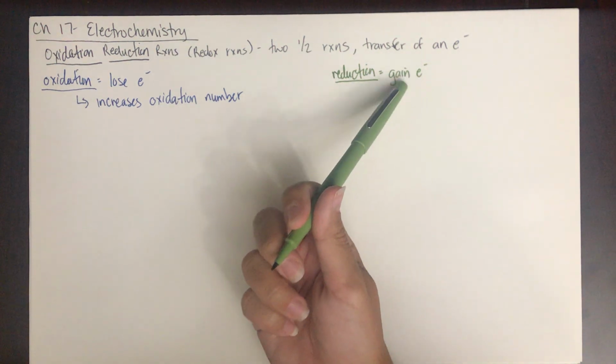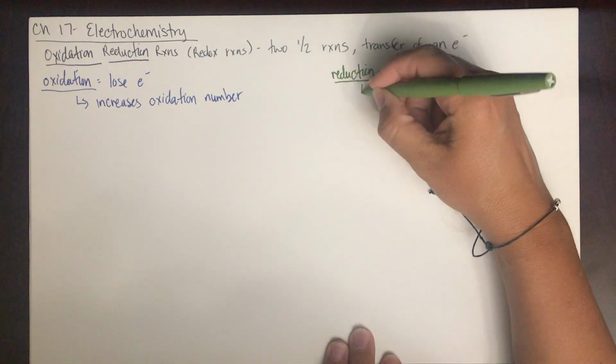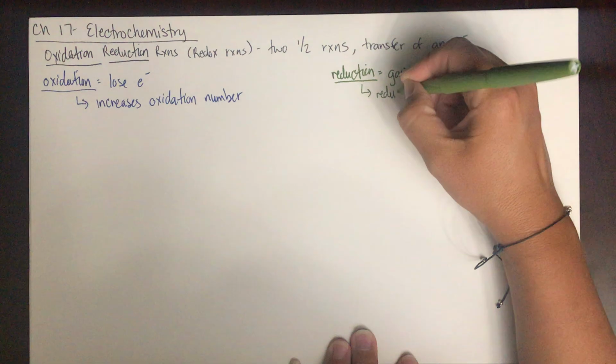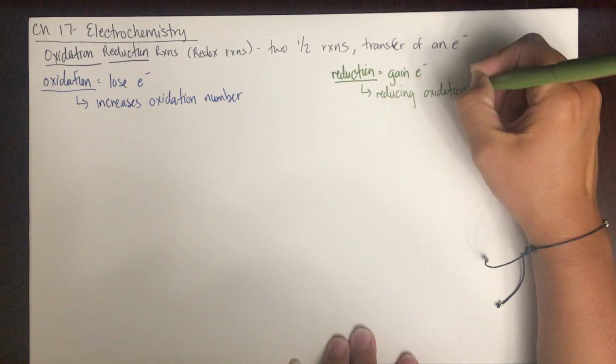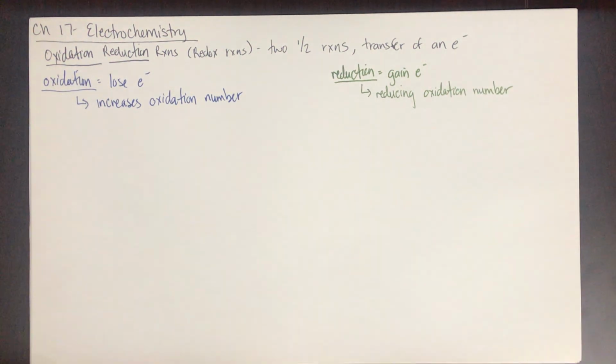And electrons are negatively charged. So when you are gaining electrons, you are reducing the oxidation number, because you are gaining something that is negatively charged.